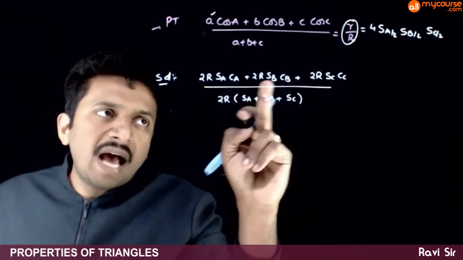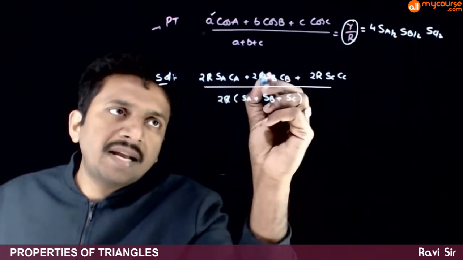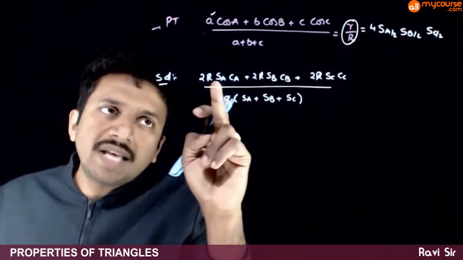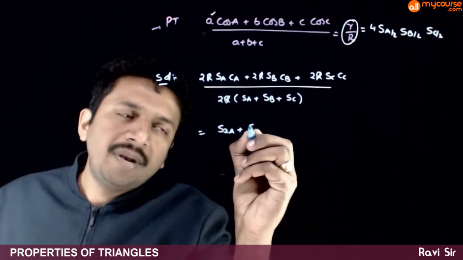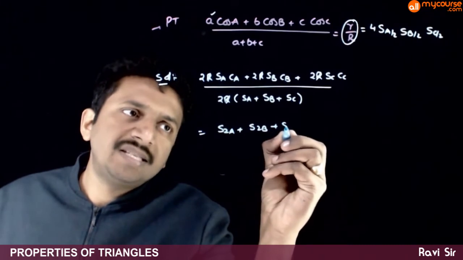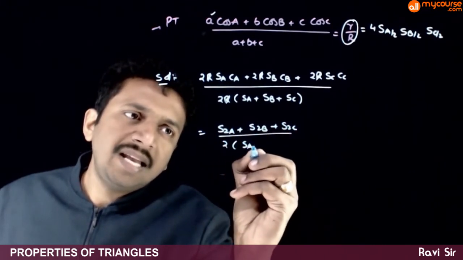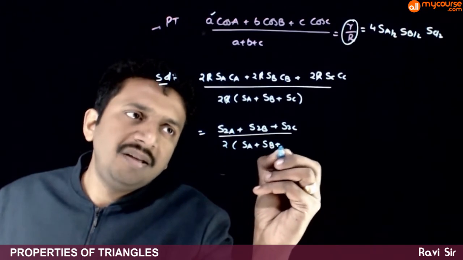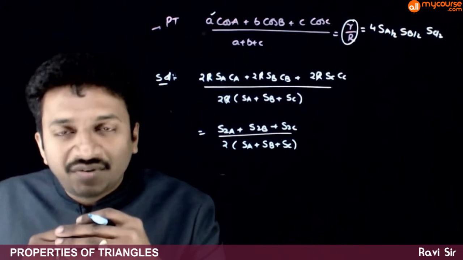Now if you have an R in the numerator and also in the denominator, it gets cancelled out. Now 2 sine A cos A is sine 2A. So you have sine 2A plus sine 2B plus sine 2C divided by 2 times (sine A plus sine B plus sine C). Again, remember the conditional identities that we have derived.